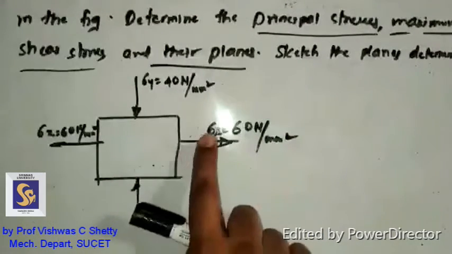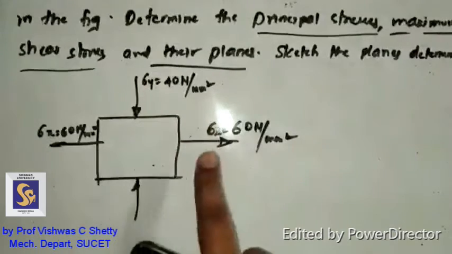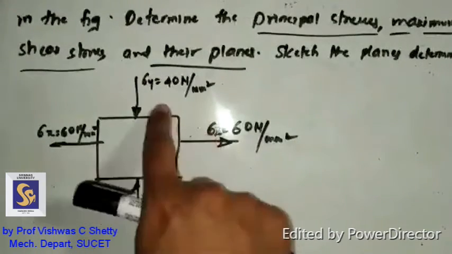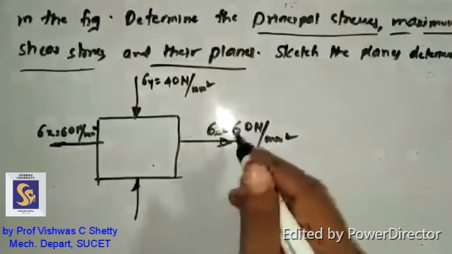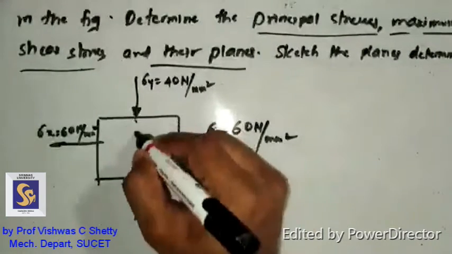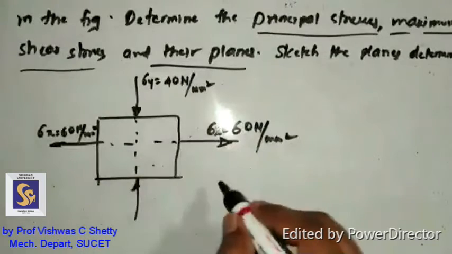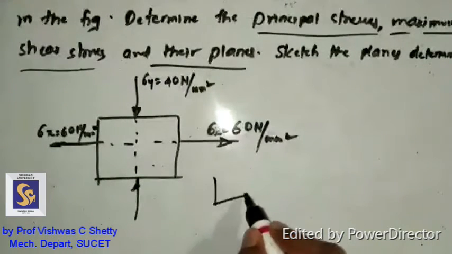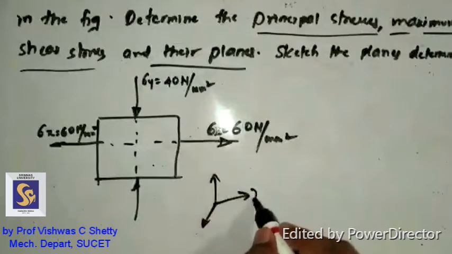These coordinate systems are taken like this according to our assumption. You can take sigma y and sigma x also; it's not necessary that you take sigma x in this direction. So the x, y, z coordinate.